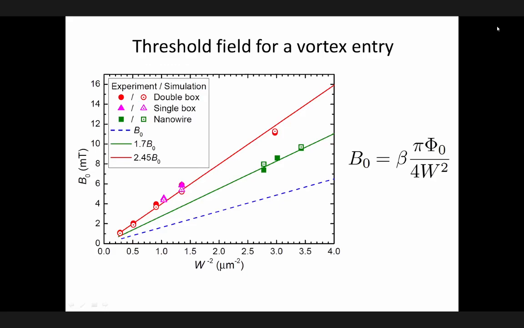So quite intuitively, if the magnetic field creates this magnetic flux of one flux quantum through W squared, then it is energetically favorable for the system to allow one vortex entry. And here we have both experimental data, full dots, and simulation, these open symbols.